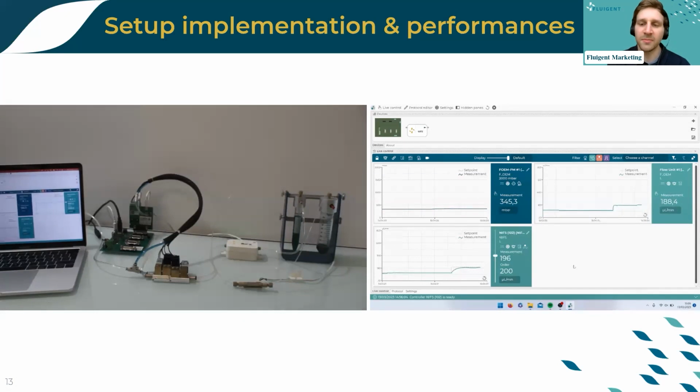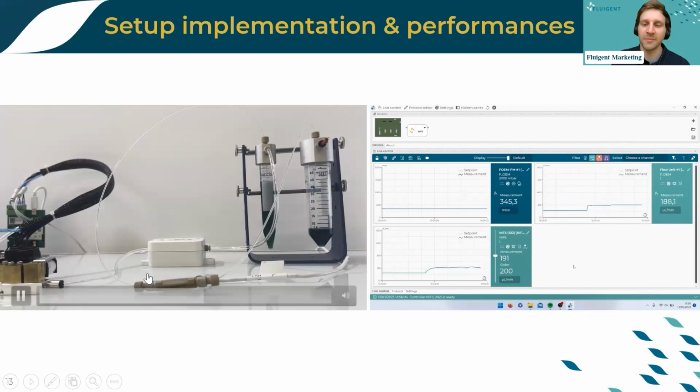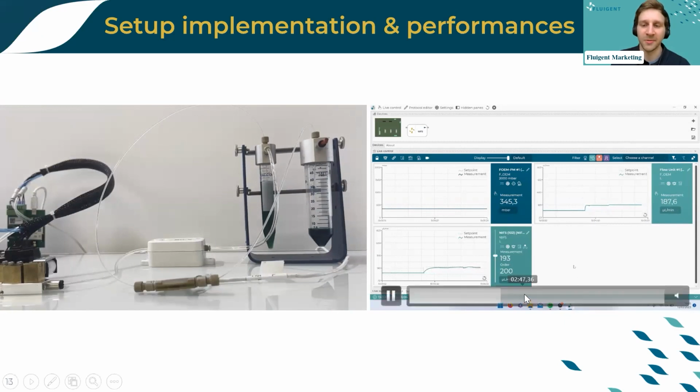And also, if there is a slight difference between the NIFS and the thermal flow sensor, it's because they have different technologies to measure the flow rates, and there's 5% accuracy on one, 5% accuracy on the other. In the end, it's not a perfect match, but it's still very, very similar.